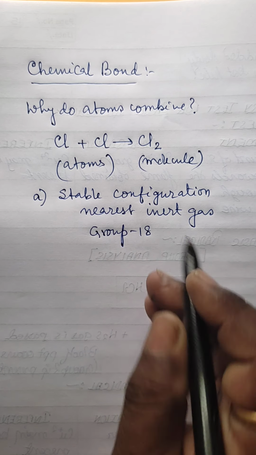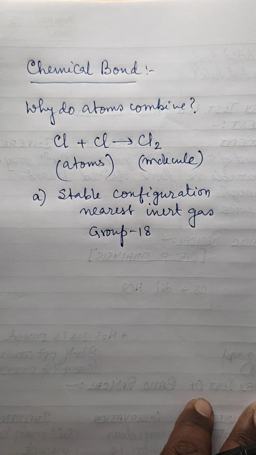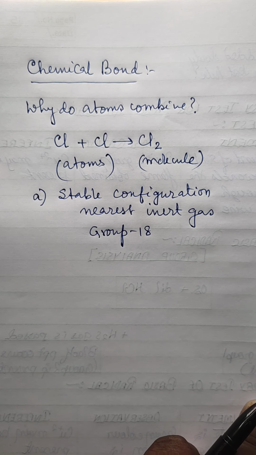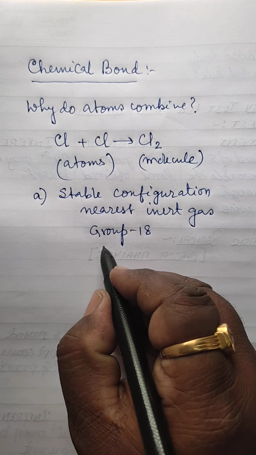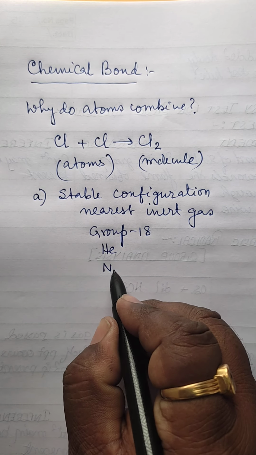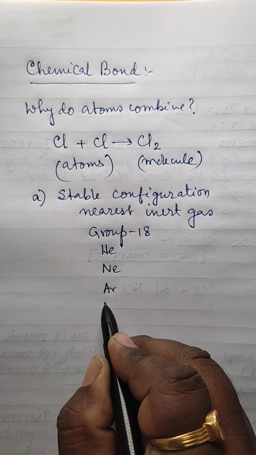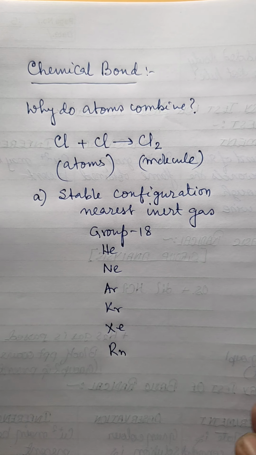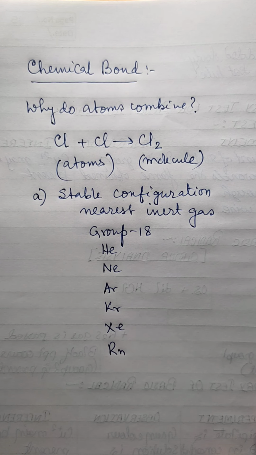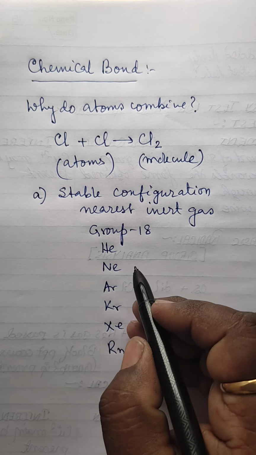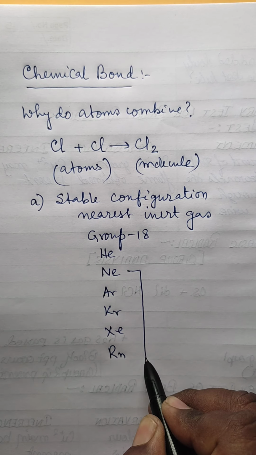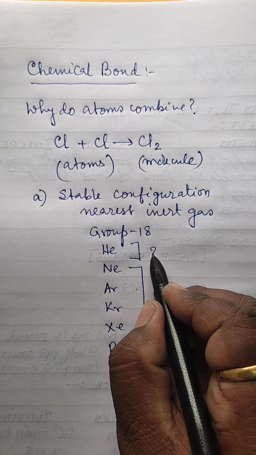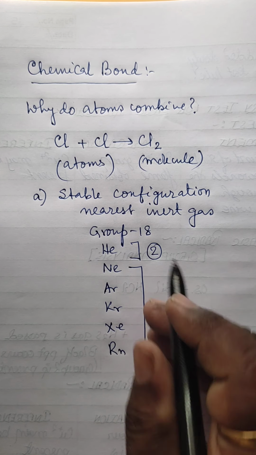They are helium, neon, argon, krypton, xenon and radon. All these have 8 electrons in their outermost shell. Only helium has 2 electrons in its outermost shell.